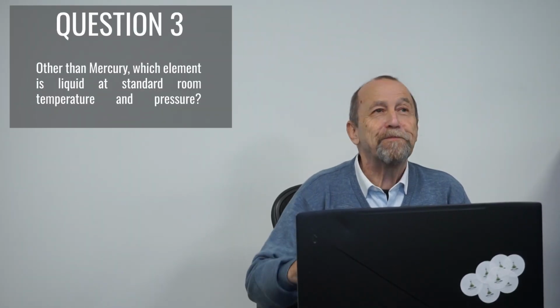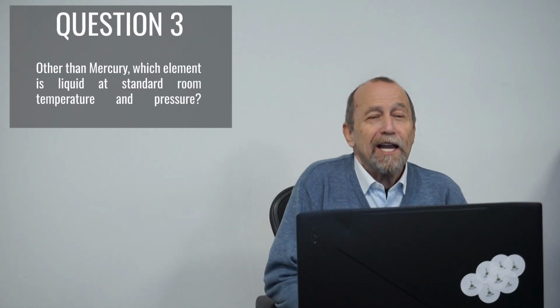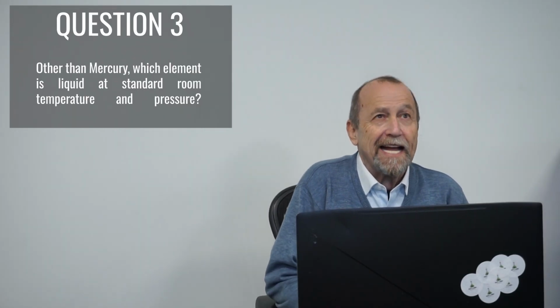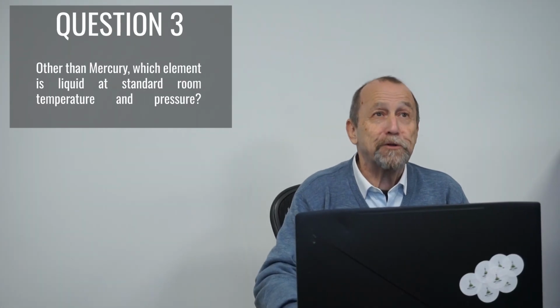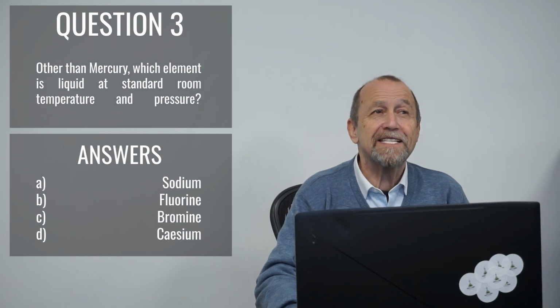Question 3. Other than mercury, which element is liquid at standard room temperature and pressure? The options are sodium, fluorine, bromine, and cesium.